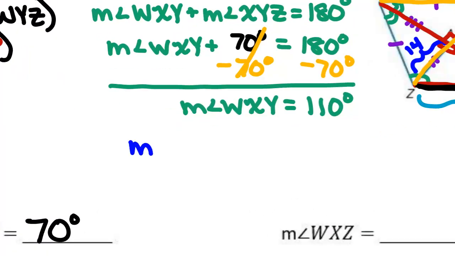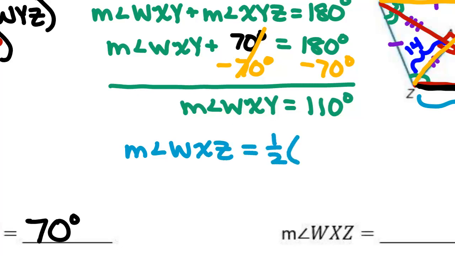And then the measurement of angle WXZ is equal to half of the measurement of angle WXY.